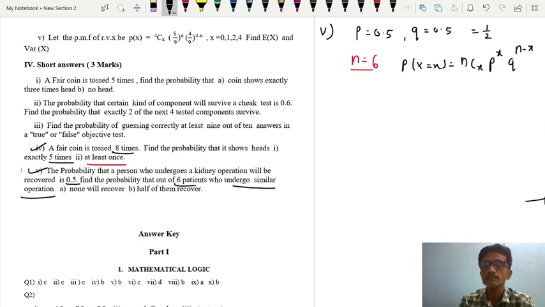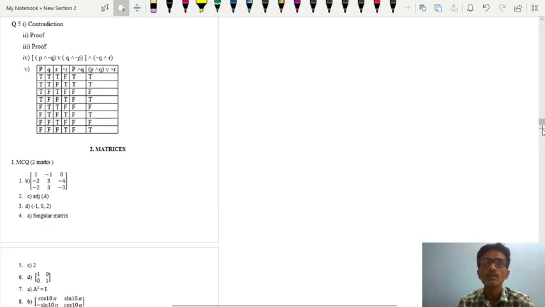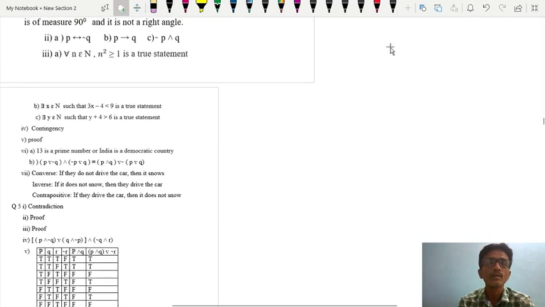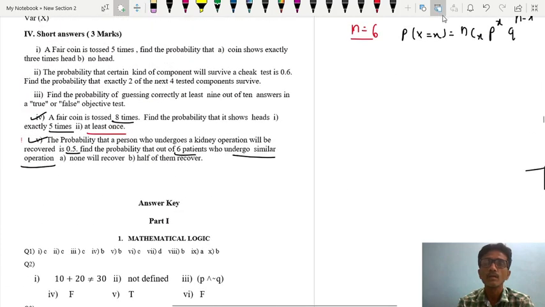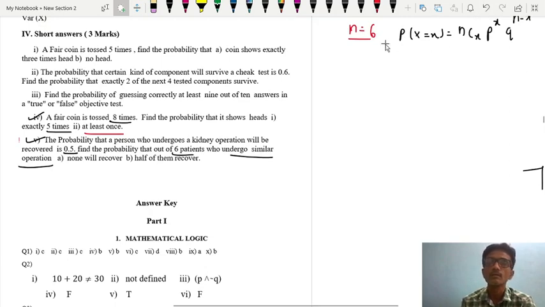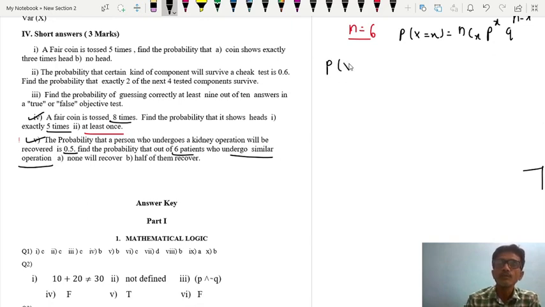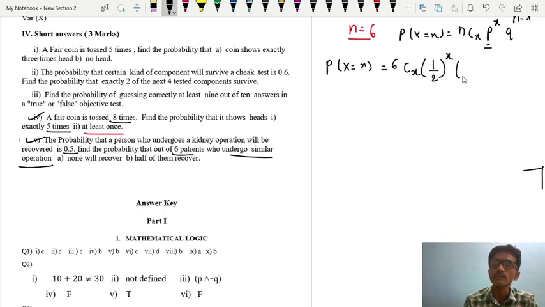So we can write P of x is equal to 6Cx, probability is 1 upon 2, raised to power x, 1 upon 2 raised to power n minus x.